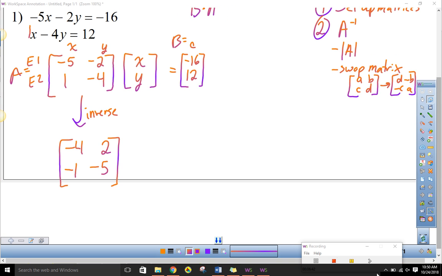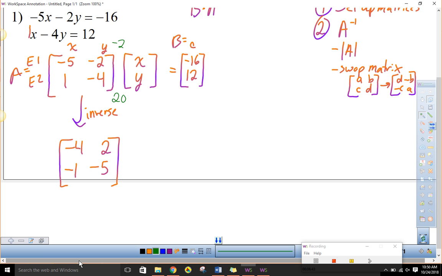So, if I'm finding my determinant of this, what am I going to do? I'm going to do that in a different color. What do I do to find the determinant? -5 times -4 is +20, good. 1 times -2 is, and then what do I do? Subtract in what order?